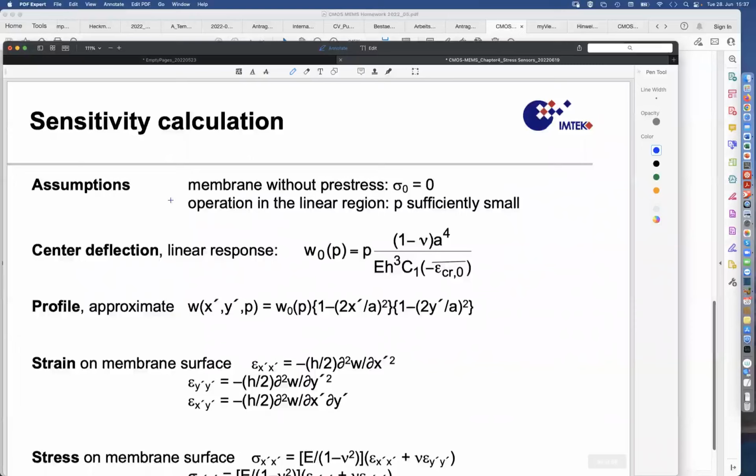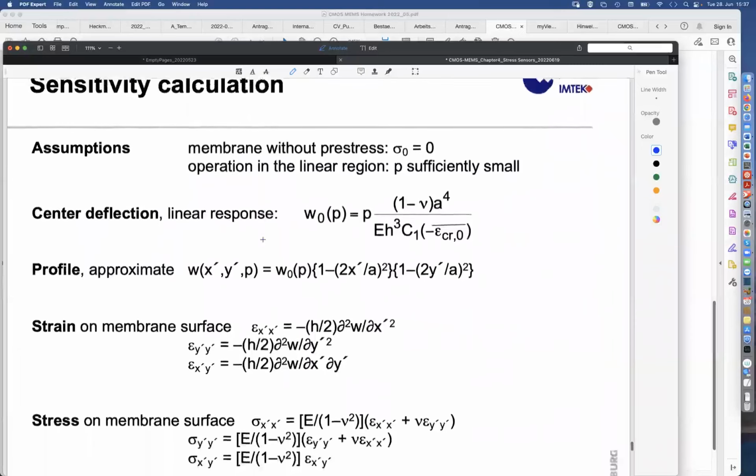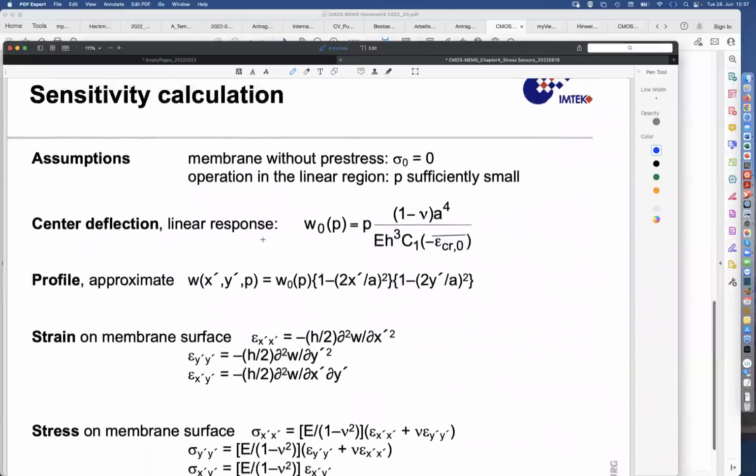Now we would like to have a measure of the sensitivity, not just by assumed numbers, apply 1 bar and then assume that the stresses are 1.4 megapascal and 20 megapascal as in the last exercise, but what is the stress really, for a certain thickness of the membrane and so on.